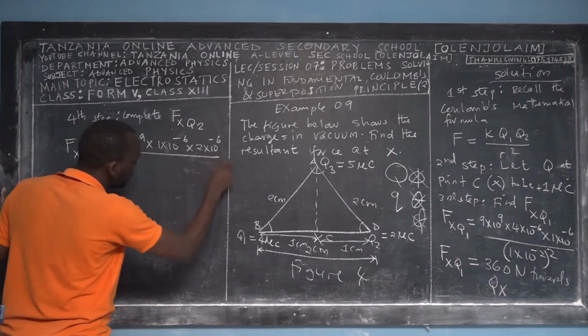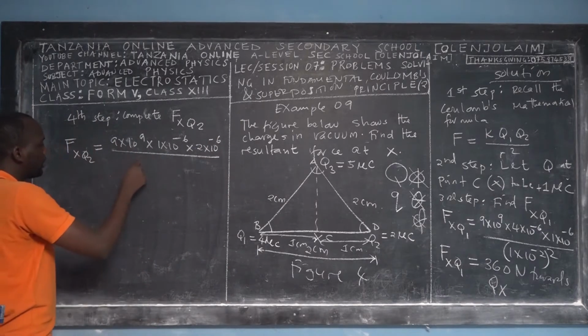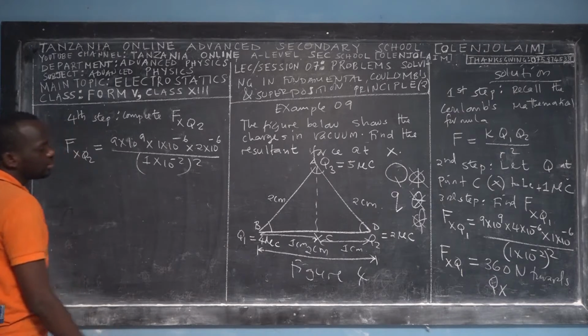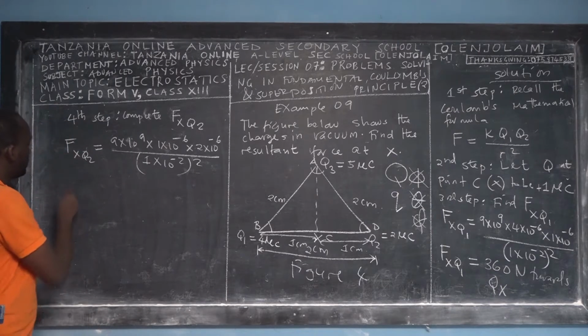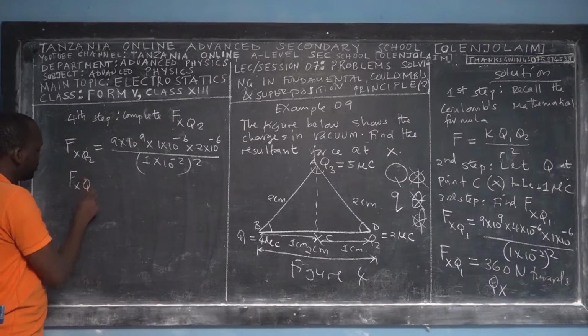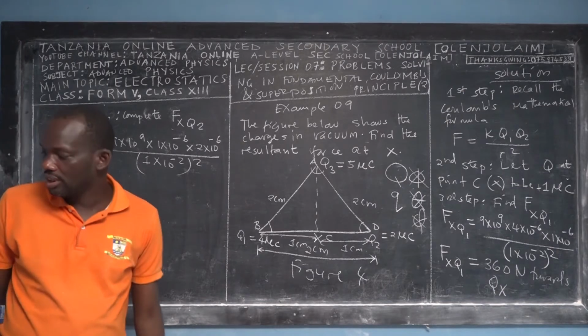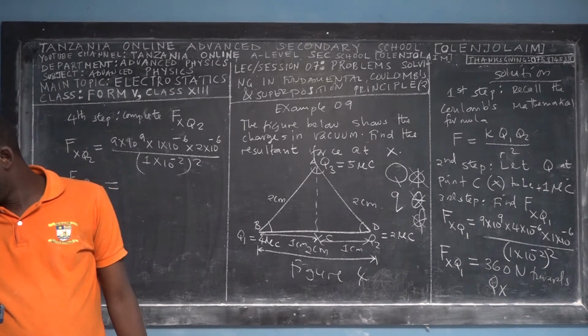I wonder that students I have in this room are not writing. This is squared. So if you do that computation, the force at X due to Q2 is equal to what? So use your scientific calculator and then find it.